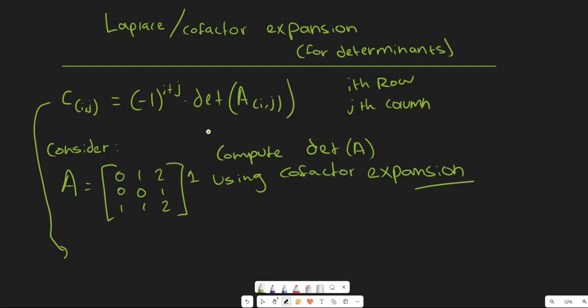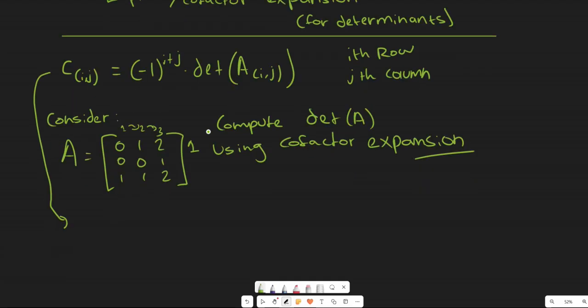So I'm going to stay in row 1, but I'm going to be shifting from column 1 to column 2 to column 3. So let's go ahead and write down our equation. Now that I know I'm always going to be in the first row, I can just write C1j, for my jth column, is just going to be -1 to the 1 plus j times the determinant of A1j.